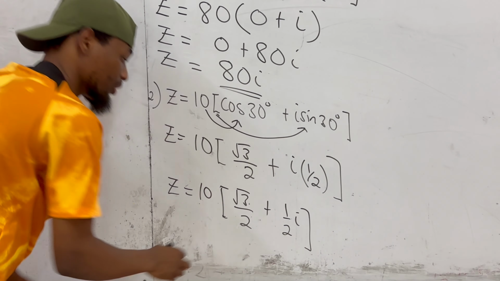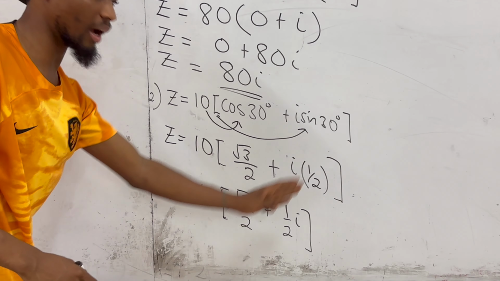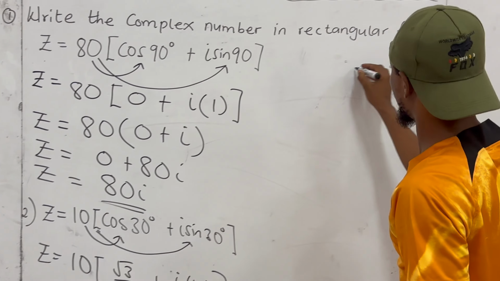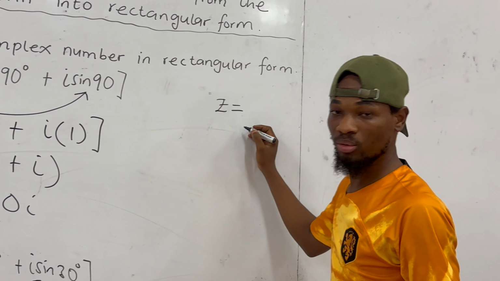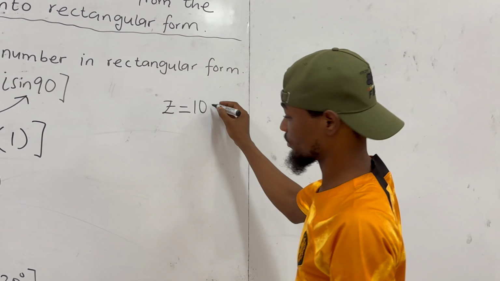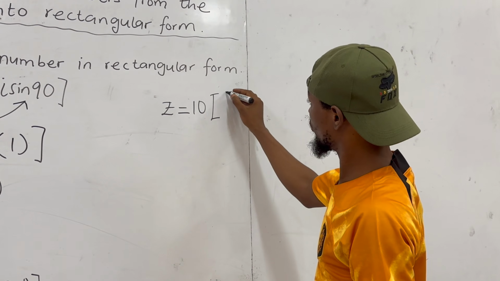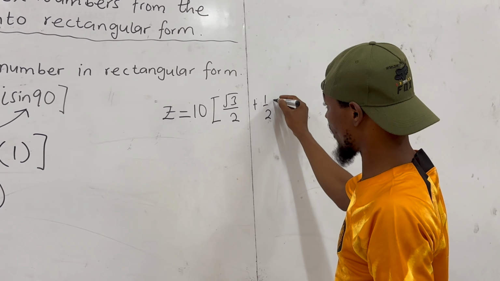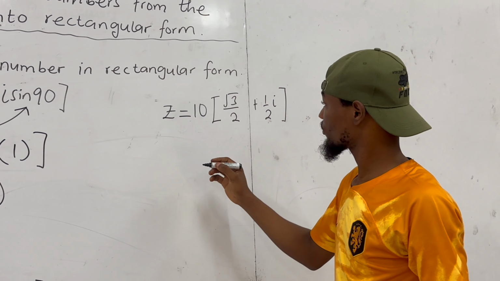Over 2 over here. For want of space, let me come here. So I have this. z is equal to, I have 10. So we have root 3 on 2 plus half i.